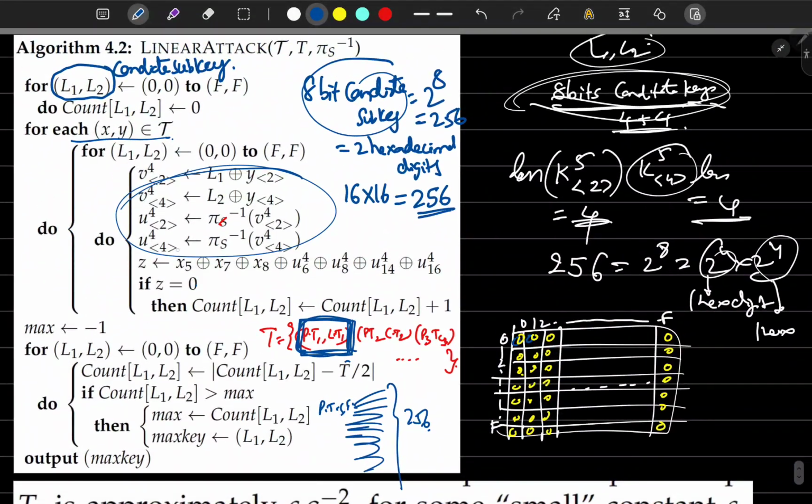So we are setting one condition that whatever this random variable is, if it is 0, then we are incrementing it by 1. This is what they are taking.